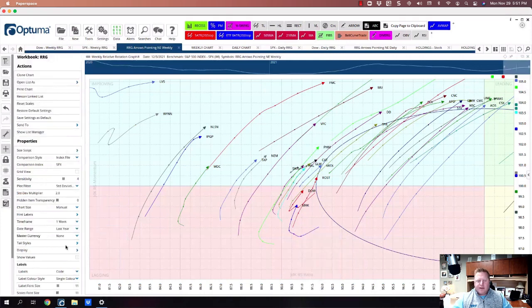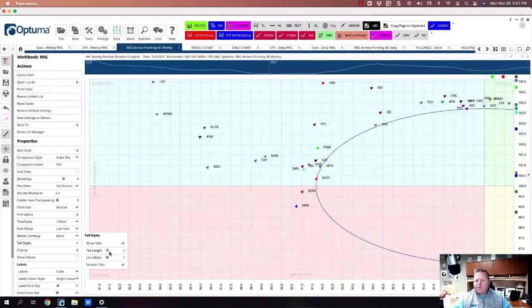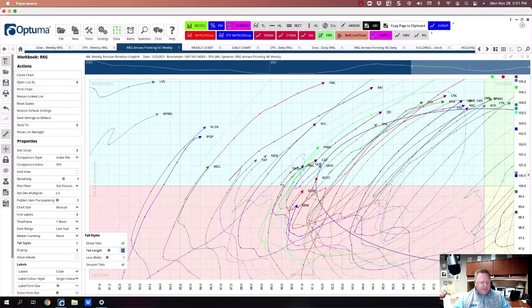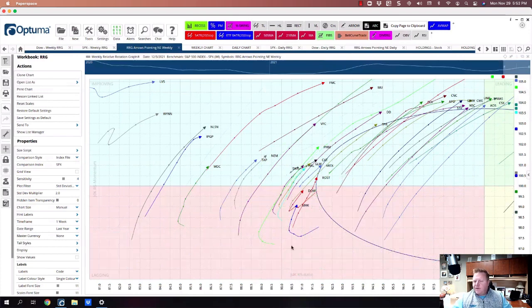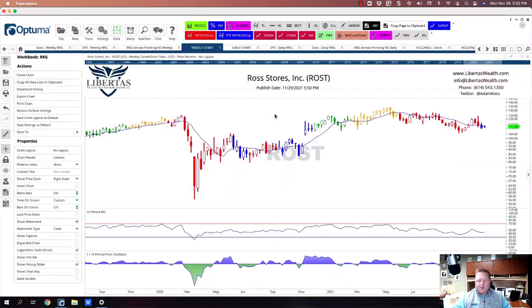If I went over to tails and changed them, I could make it really long or really short. But I just use 5 because it's enough, but not too much. Mohawk's been kind of coming around here, and because the dots are so close together, that indicates that the momentum isn't very strong. But let's look at Mohawk anyway, just for fun. That's a daily chart. MHK.